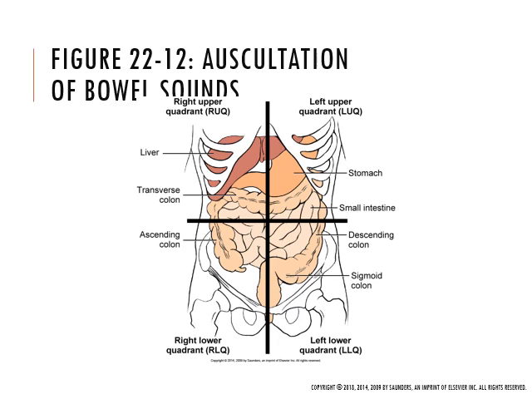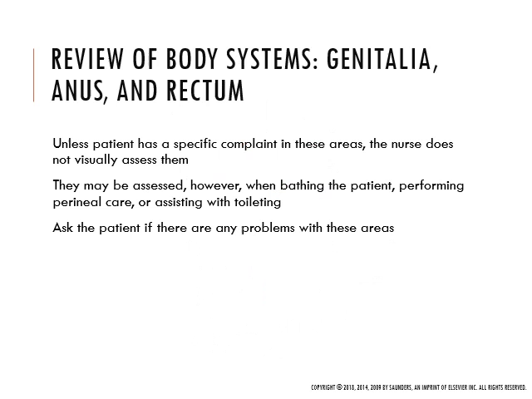Then you're going to go to the left upper. Then you're going to move to the left lower. So that's how you listen to bowel sounds. You will auscultate in this position, and you also palpate in that same order. Always right lower, right upper, left lower.